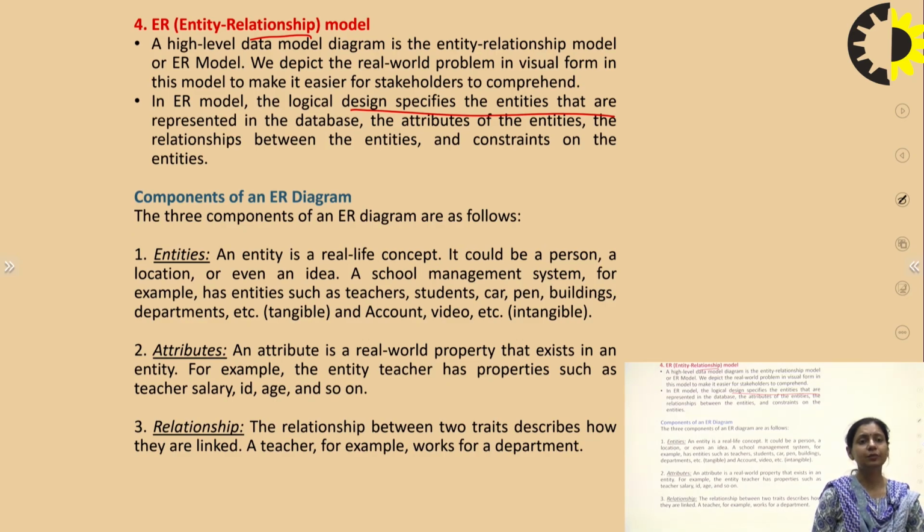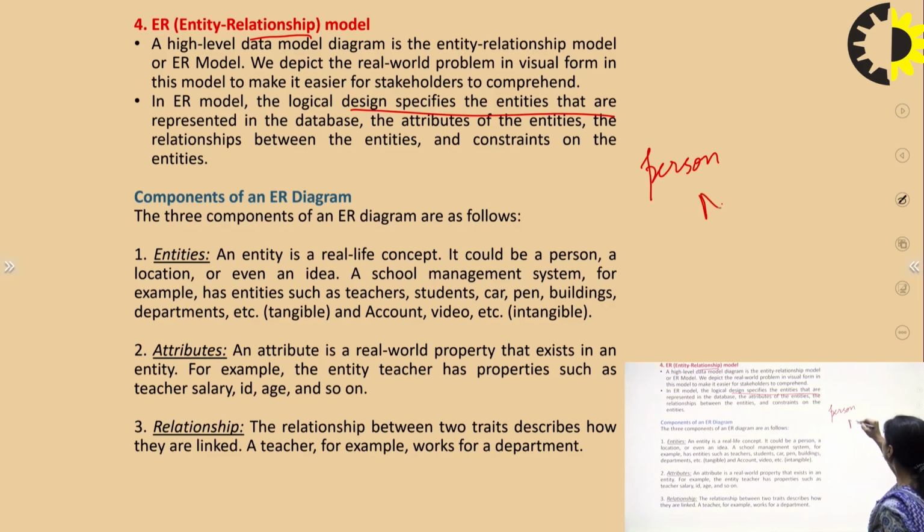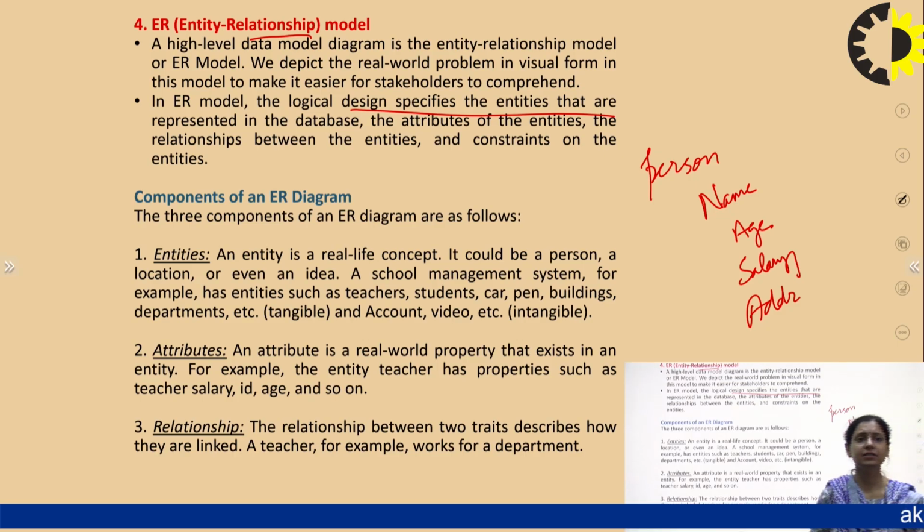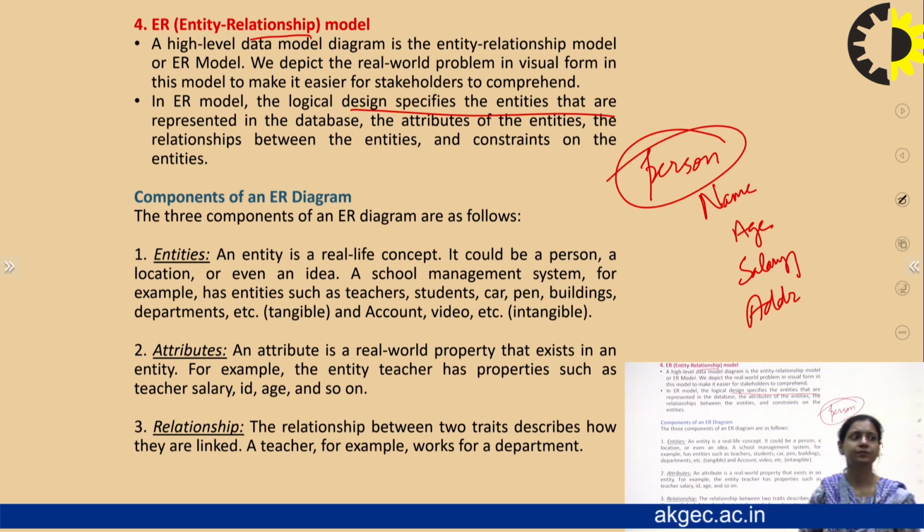Attribute is any property that exists in an entity. If we talk about an entity like a person, the person entity will have the attributes like the name, age, salary, the address, etc. These all are the attributes of this particular entity.